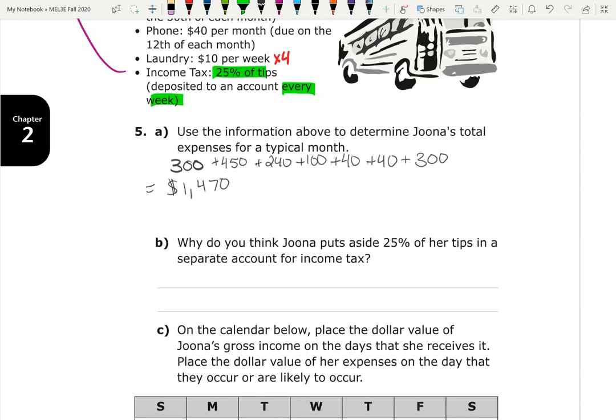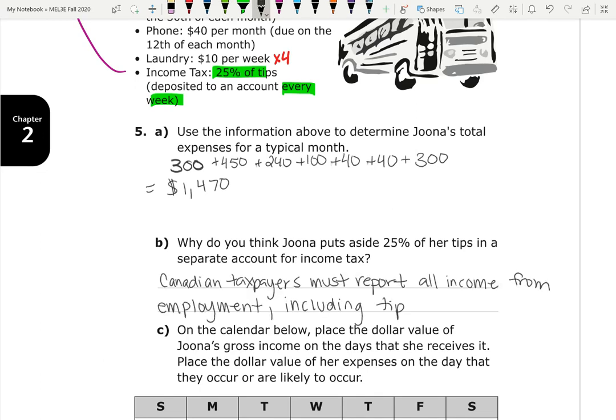All Canadians who are working in Canada and paying taxes must report all income, even if it's tips. So let's write that down. Any sort of income that you receive, you need to claim it on your income taxes.